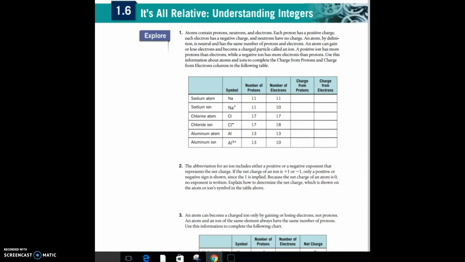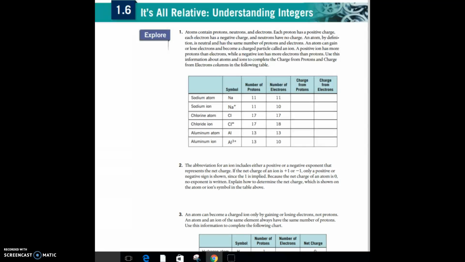Okay, so for question number 2, your net charge is going to be the sum of the charge from all your protons and electrons. So if we look up here, this sodium atom right here had a positive 11 charge that we put over there and a negative 11 charge that we put over there. So its net charge is 0, okay? Where like the ion right here had a positive 11 from that number and a negative 10 over here.